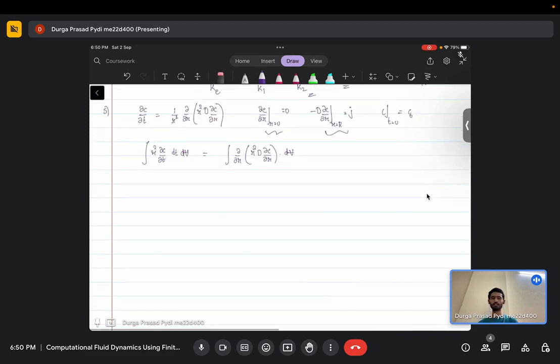You are dealing with a spherical coordinate system, so your dV will be, or maybe you can directly take it in a much simpler way. We will come to that. So how do you solve this equation? Your control volume is not a function of time, so you can just take this out and write it as r square c dV.